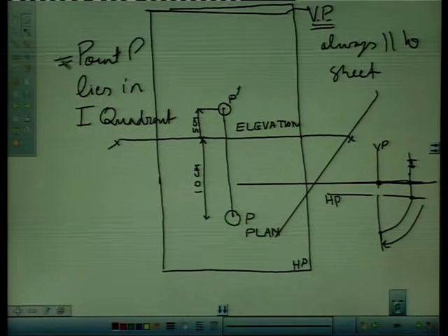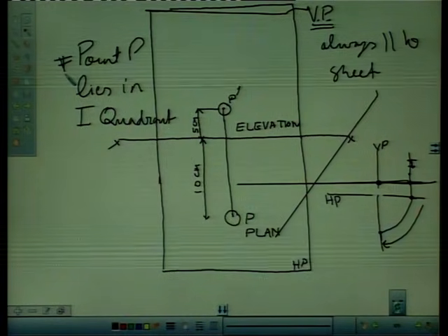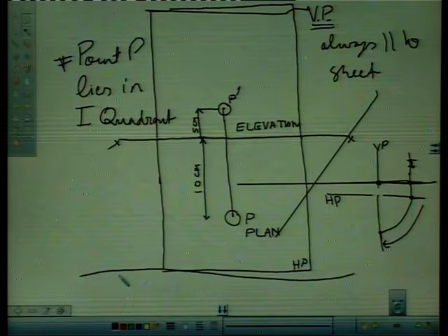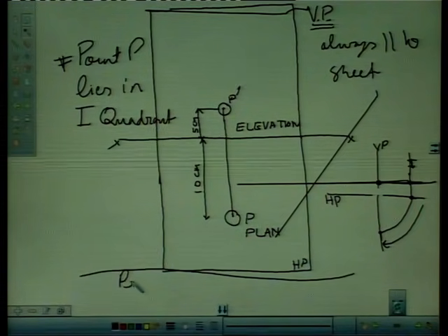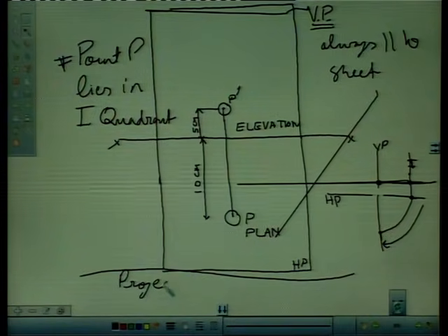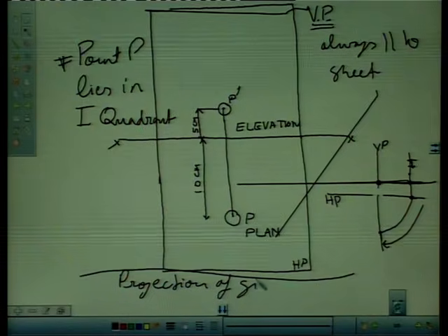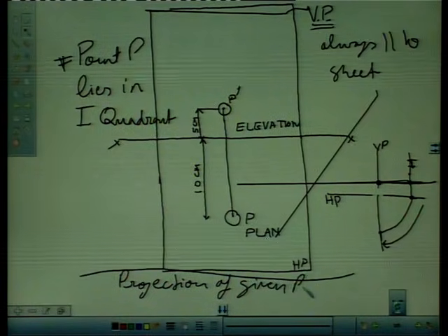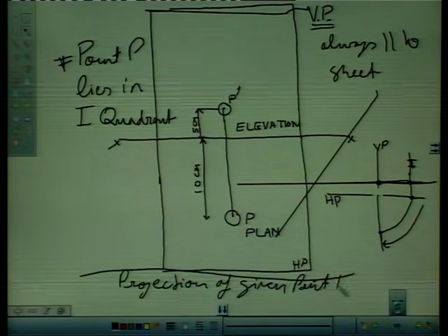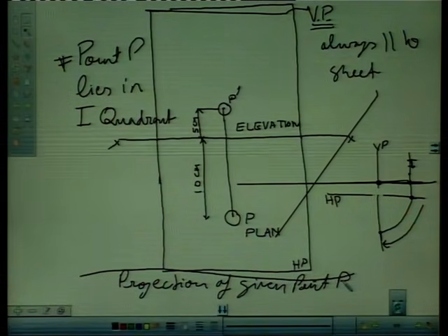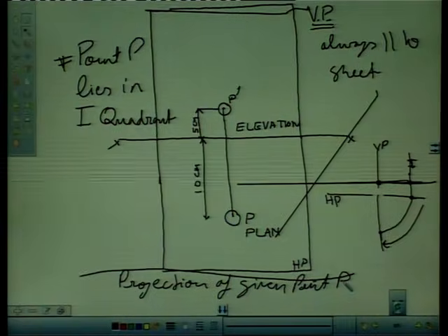This is one part of the answer, and you should write the title of the projection as projection of given point P. So, this is projection of given point P which lies in first quadrant.